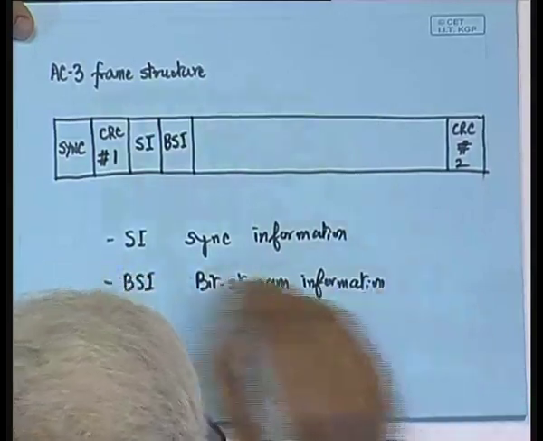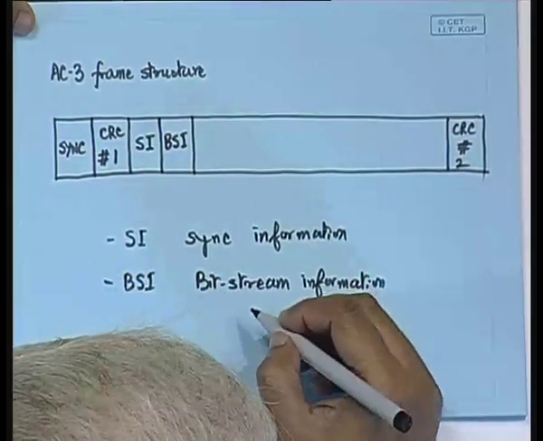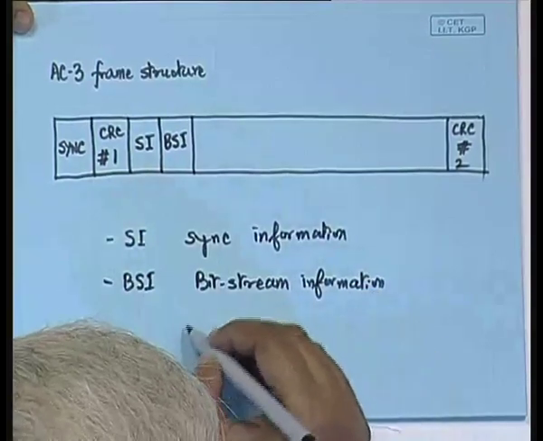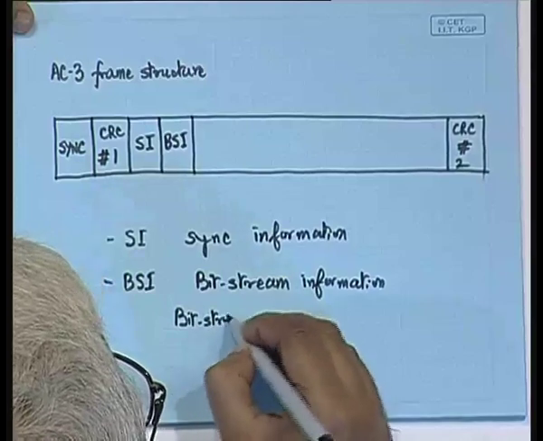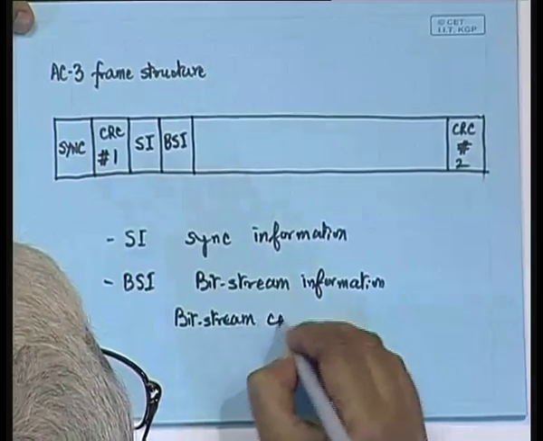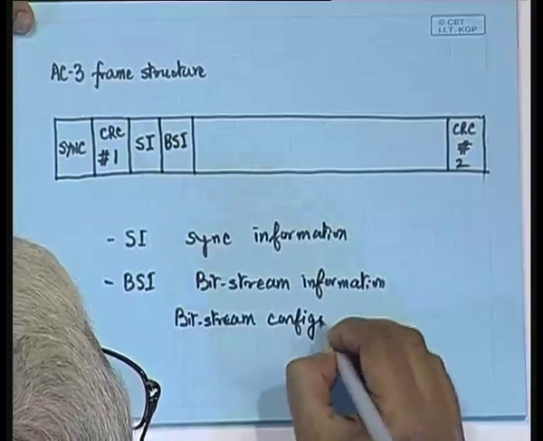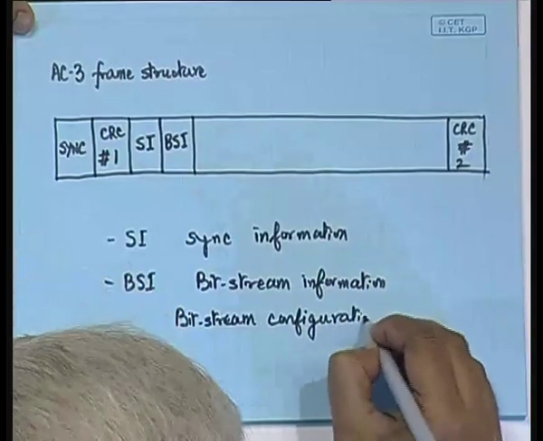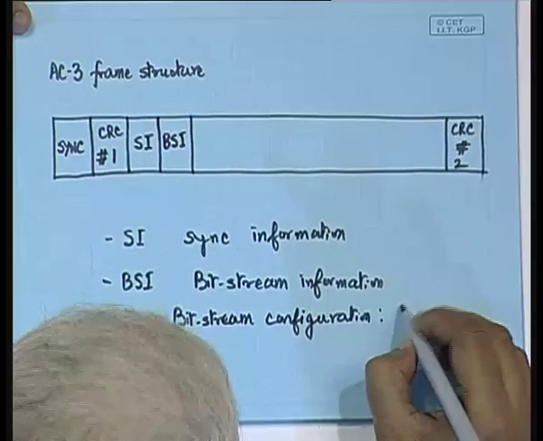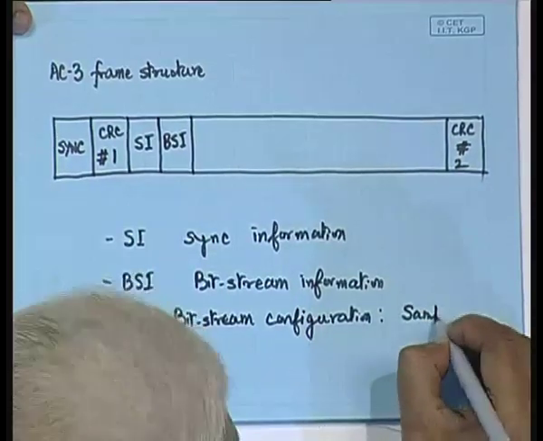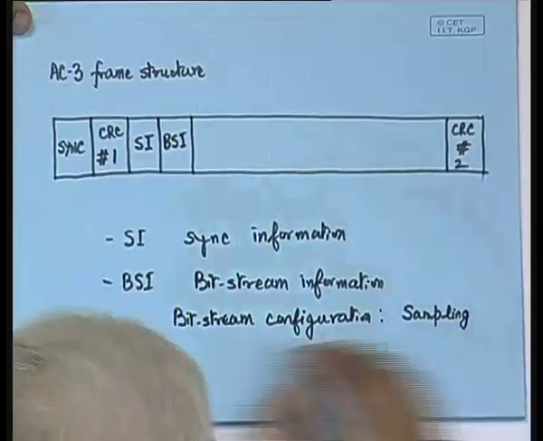Now, these two fields basically describe the bit stream configuration. So, they specify the bit stream configuration, and as a part of bit stream configuration what you need to specify is the sampling rate, that has to be specified.